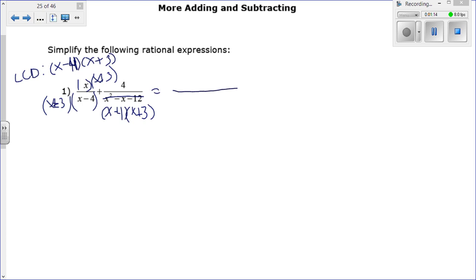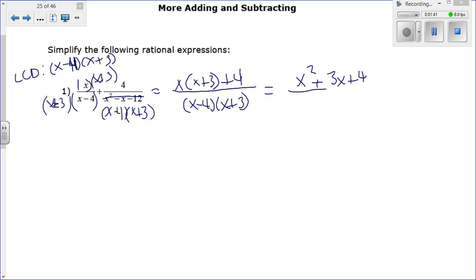So what that's going to look like is x times x plus 3 plus 4. If I distribute my x, I'll have x squared plus 3x plus 4 over x minus 4, x plus 3.